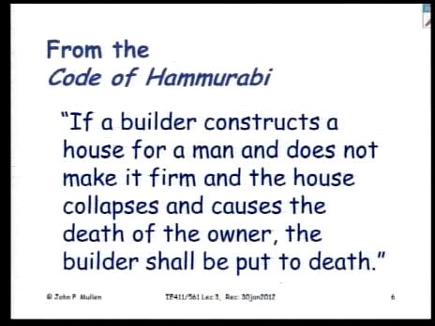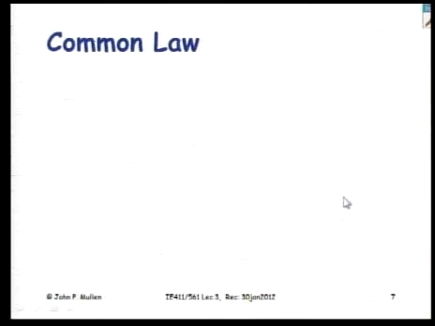There probably weren't a lot of people that wanted to build houses in those days, but this covered everything: marriage, the way property was inherited, and so on. I just thought that was interesting because people tend to think of consumer protection as something new. Well, it isn't really.